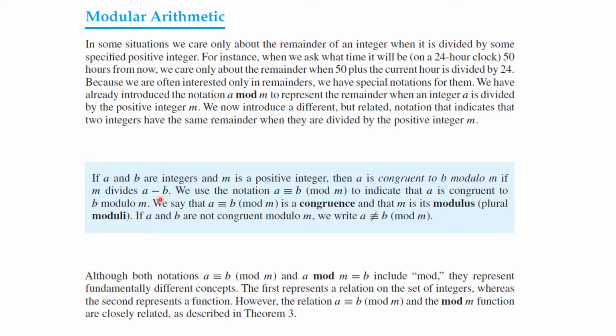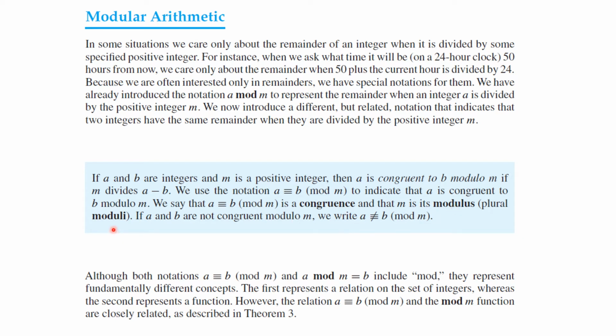And you have to think about what that means. We use the notation a, with three lines for congruent, b, in parentheses mod m, to indicate that a is congruent to b modulo m. We say a is congruent to b modulo m is a congruence, and that m is the modulus.